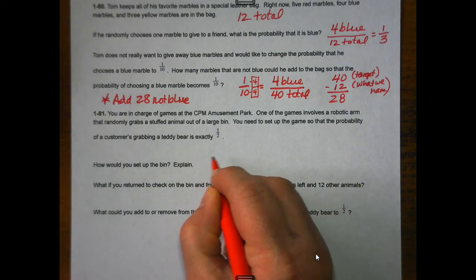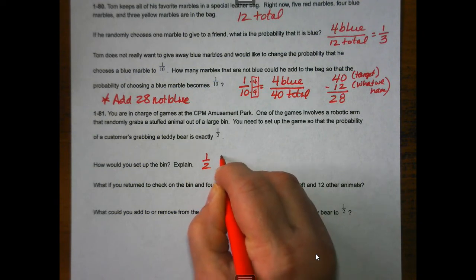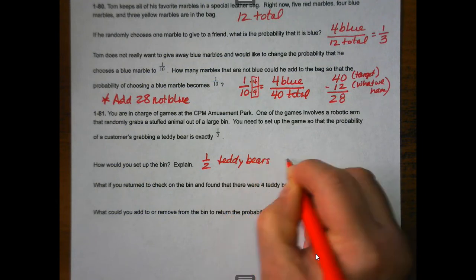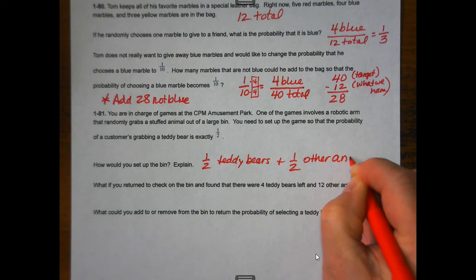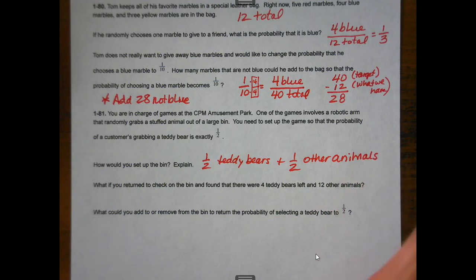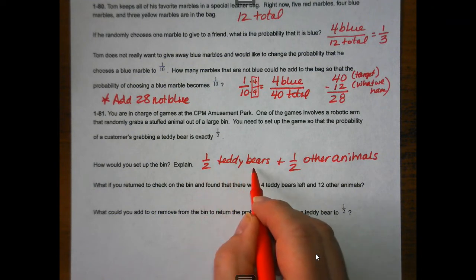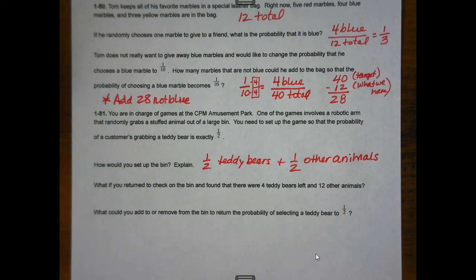Well, I would put 1/2 teddy bears plus 1/2 other animals. Because if I have 1/2 as my probability, I want to make sure that that is represented in my fraction as I'm setting up all the animals into this little bin.